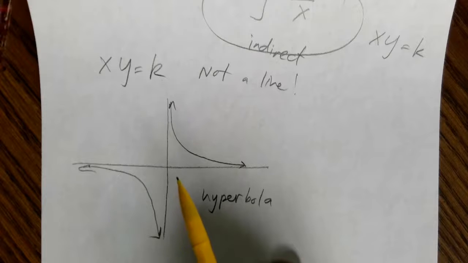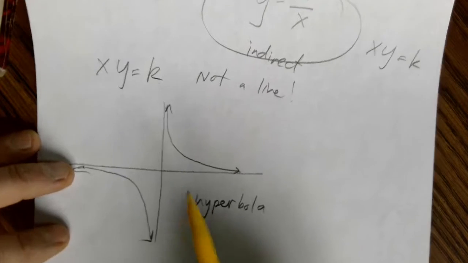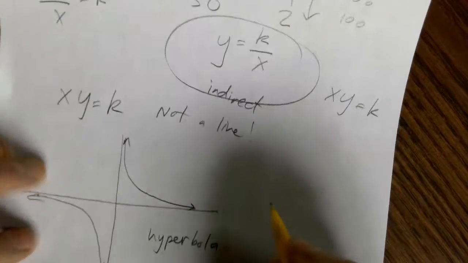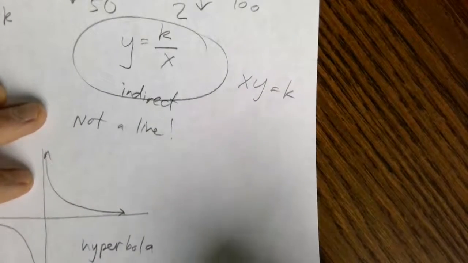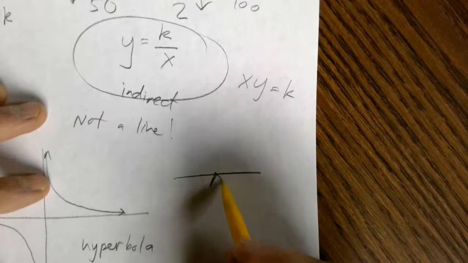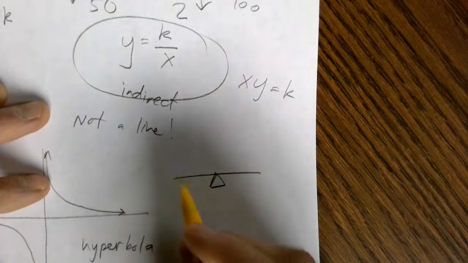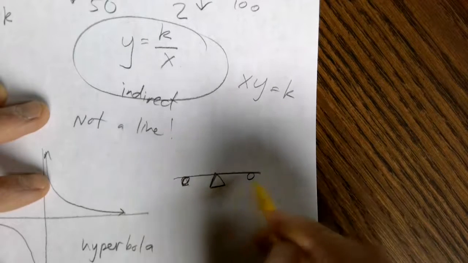Okay, let's do a problem. Okay, suppose you've got a little balance beam. The shadow's kind of bad today. Here's the fulcrum. This thing's balanced in the middle. You got something hanging right here and something hanging right here.